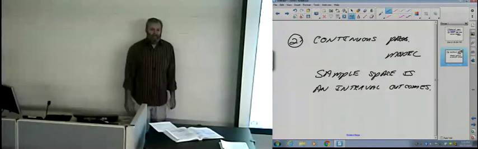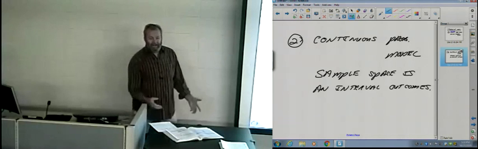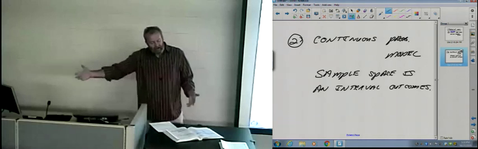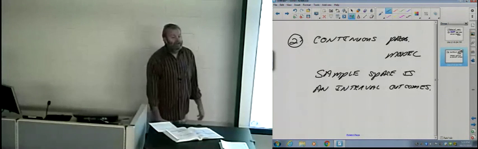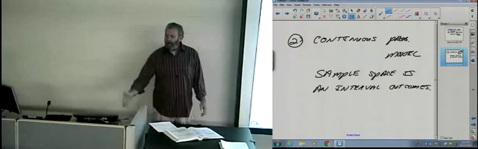You can't write them down. So the finite case is you just write them down and you stop. Or you can write them down, but you can keep writing and you never stop. Here, I can't even attempt to write them down when you're talking about a continuous one. It's an interval, some interval on the real line of outcomes.